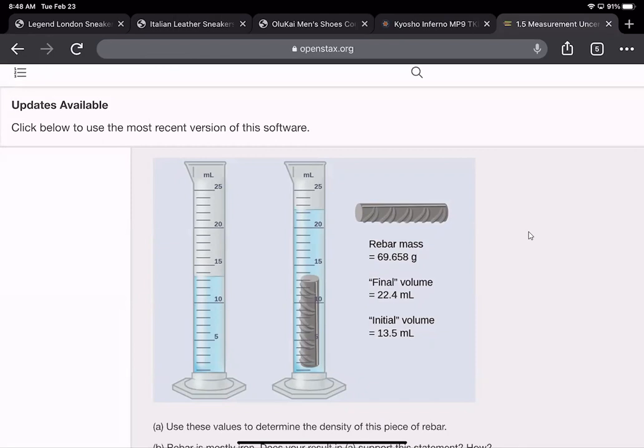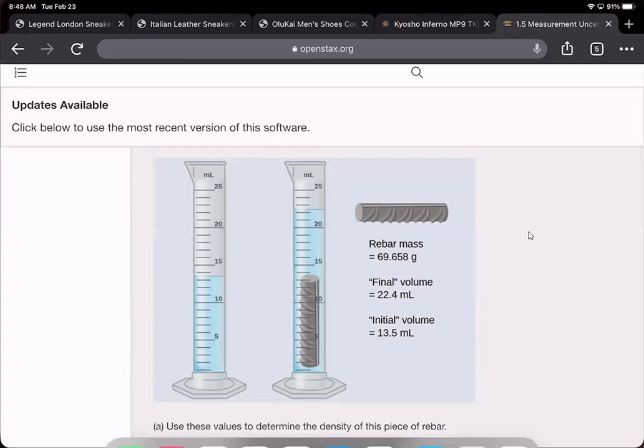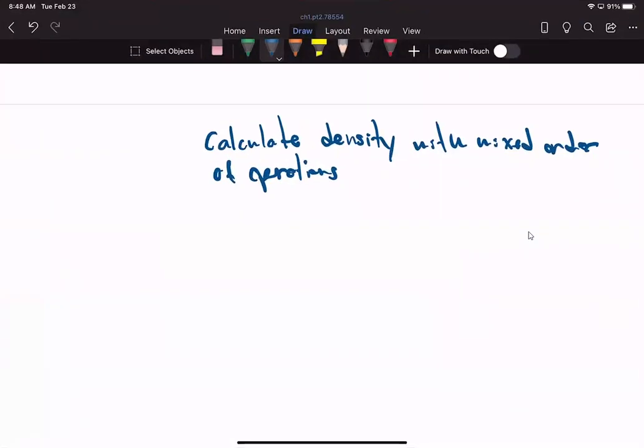And the difference in those two values between the final and the initial is the volume of the object that is in there, right? And when we do that, I'm going to use this delta symbol. This delta is just kind of shorthand for change. It does mean other things.